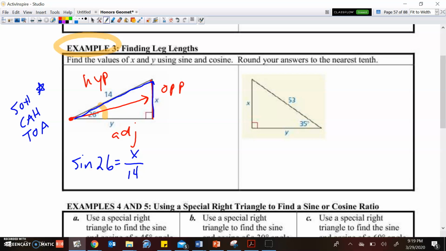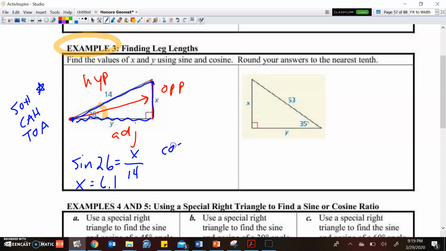Okay, and then I can go ahead and multiply both sides by 14. 14 times the sine of 26 is going to give me 6.1, rounded to the nearest tenth. All right, now let's find the measurement of y. So from this angle again, 26, y is my adjacent side. So I'm going to do adjacent over hypotenuse.